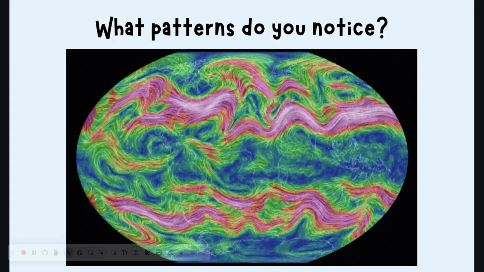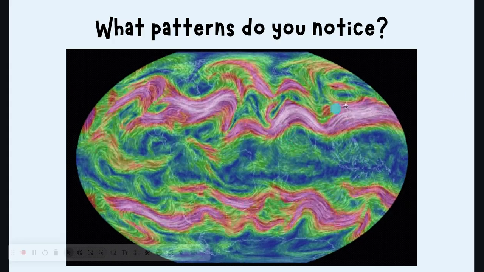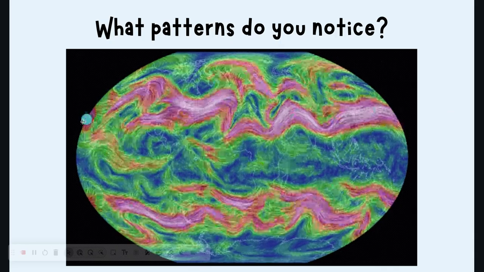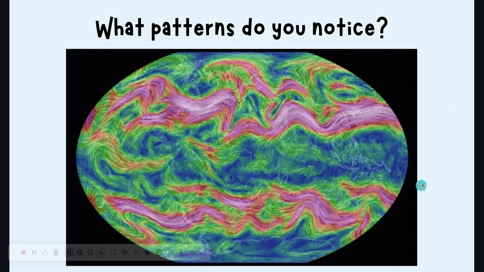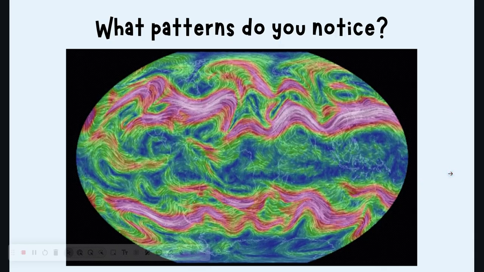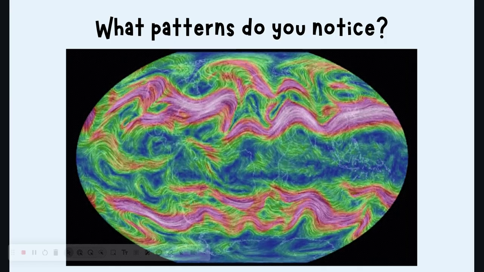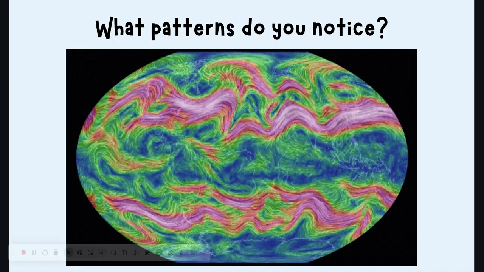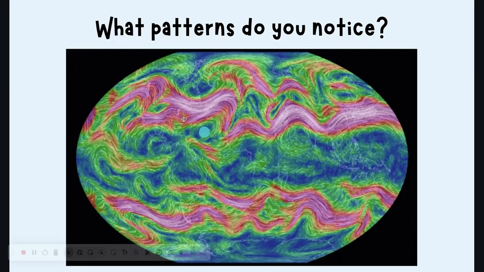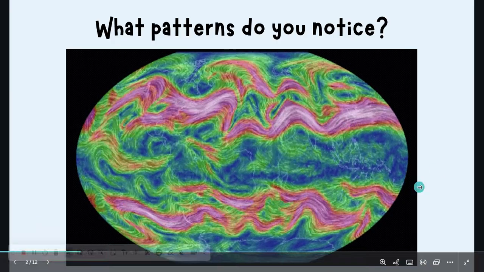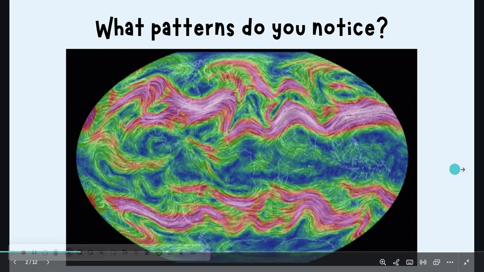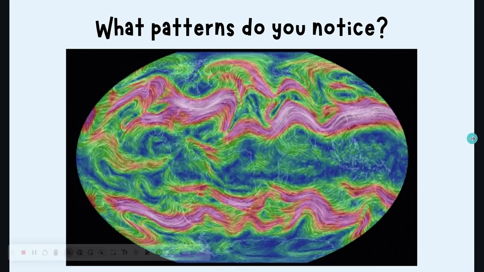Like, what do you notice about these little wind patterns here? Where are they located? Are they straight? Are they curved? Are they at different latitudes? Okay, so think about that and write that down at the top where the little eyeballs are.